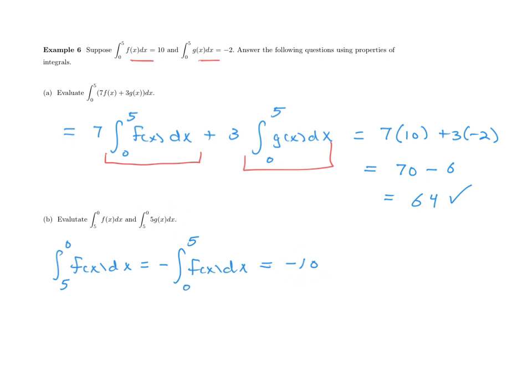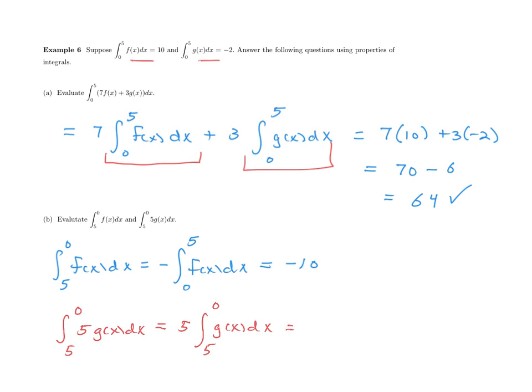What about this one? The integral from 5 to 0 of, well, this isn't exactly the same. It's 5g of x. So we start with the integral from 5 to 0 of 5g of x. We could first factor out the 5. That was the very first property.